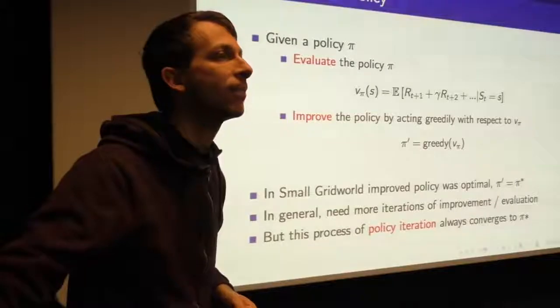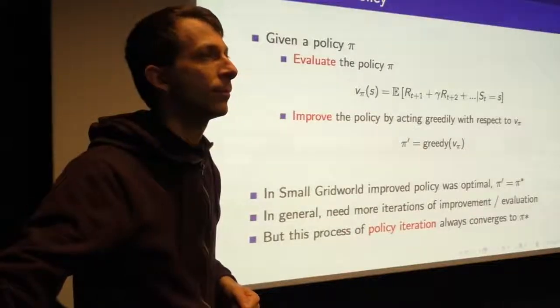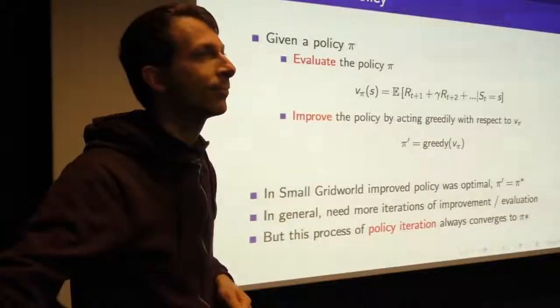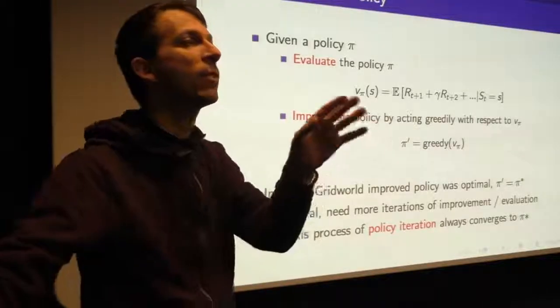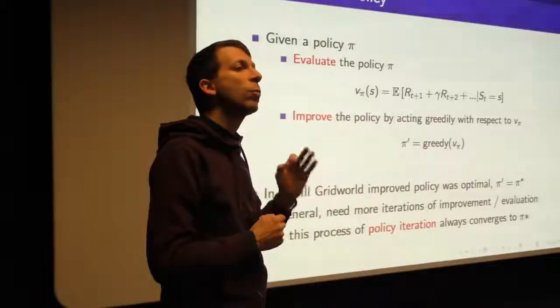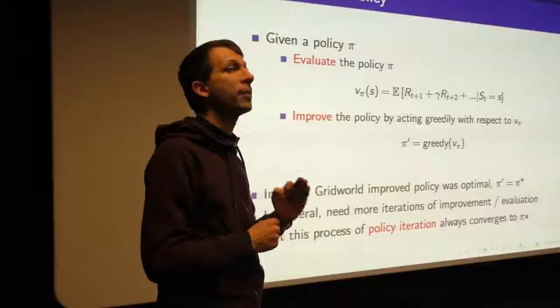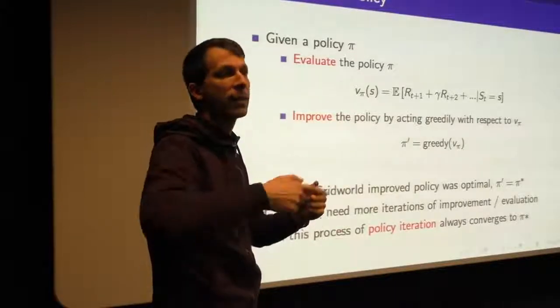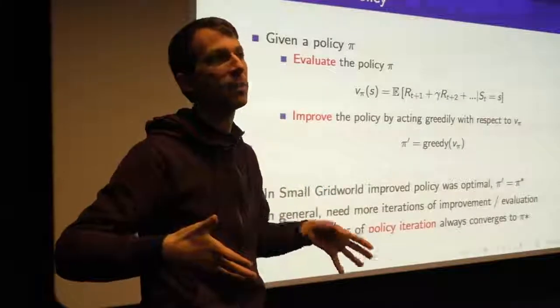Questions? When you improve the policy, isn't it a deterministic thing? Yes. Recall from the last lecture that there is always at least one deterministic optimal policy for any MDP. So it's sufficient to search over deterministic policies only when you're looking for the optimal policy.